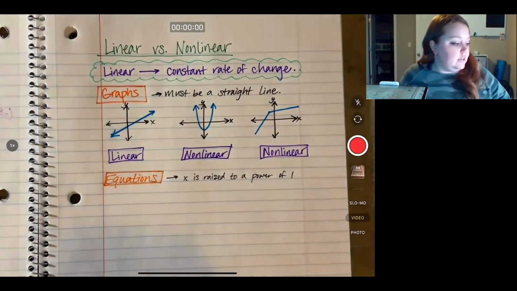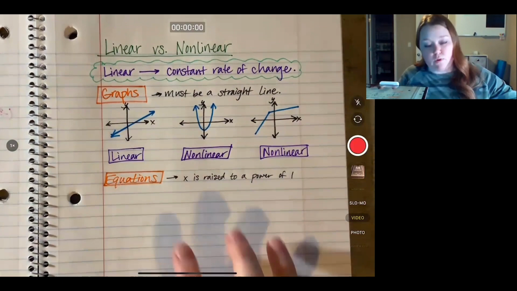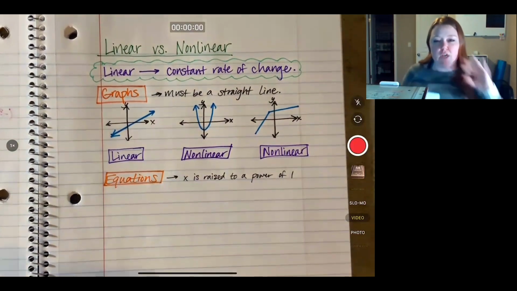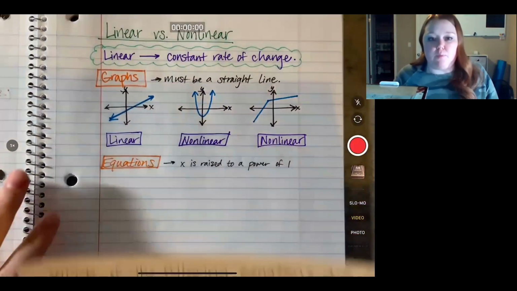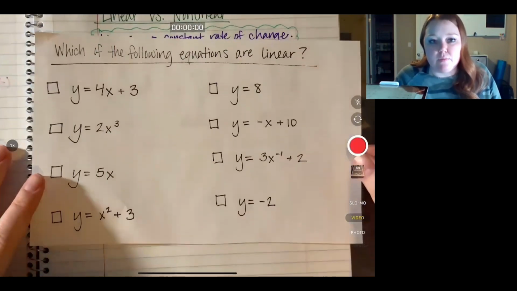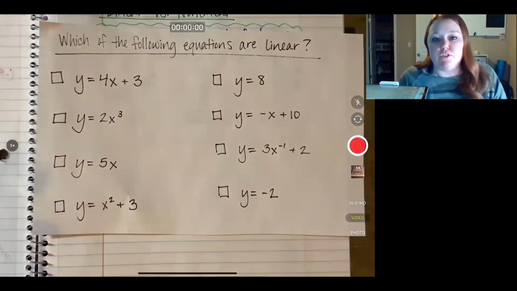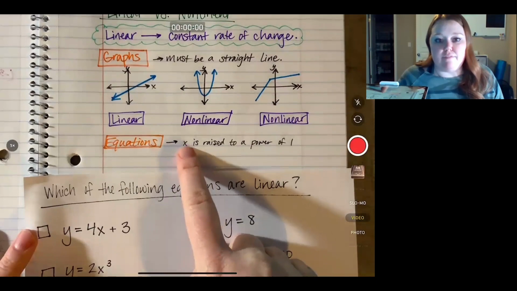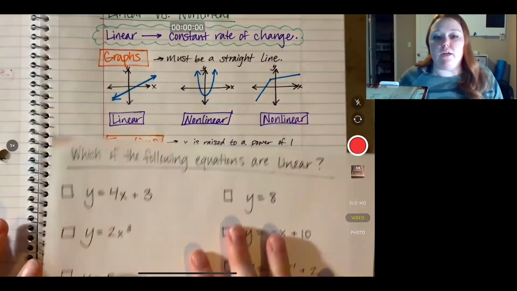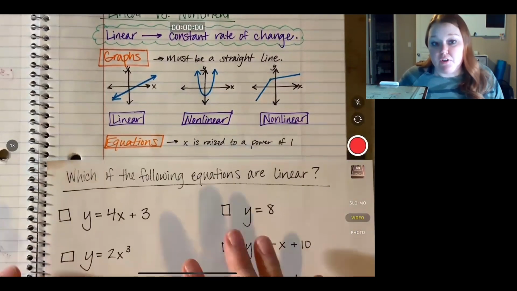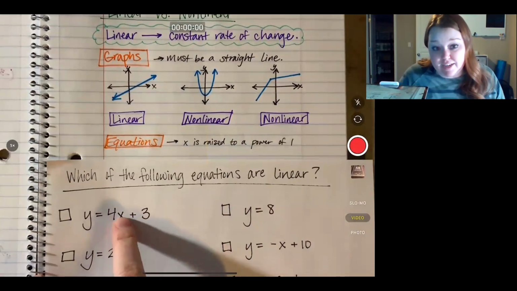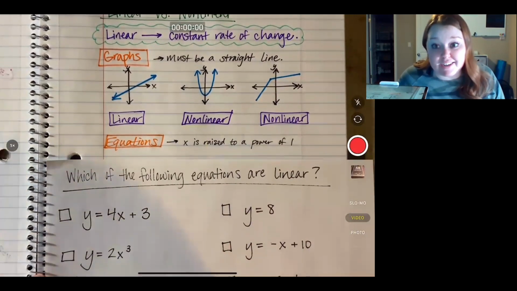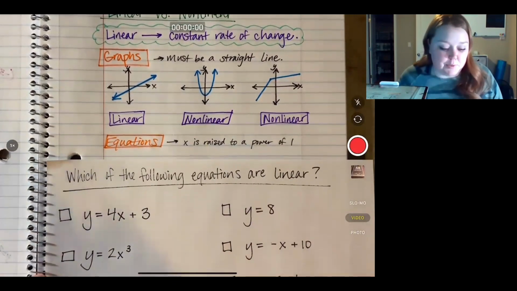So let's see if you can try this out. We're going to write stuff in our notes, but before we write it in our notes, I want you to practice. I have some equations here, and I just want you to go through the list and see which ones you think are linear. Here's what you're looking for. You're looking to see which ones have x raised to the power of 1. Now, reminder, if it doesn't have an exponent, it has a secret exponent of 1.